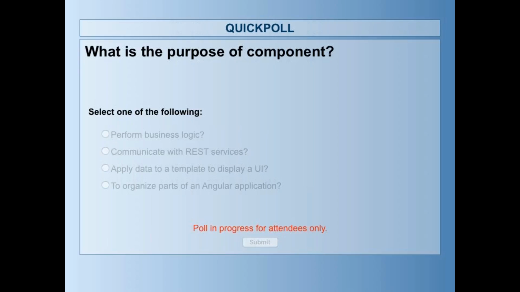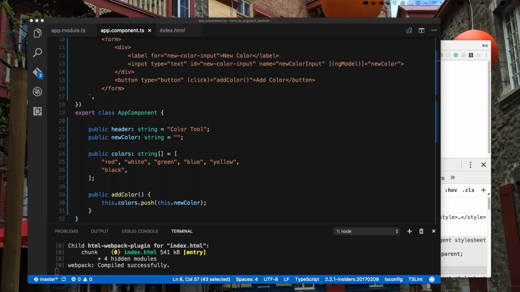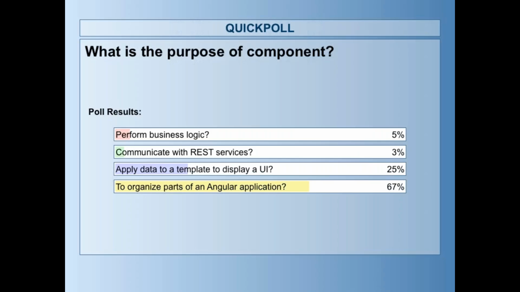All right, so we've got some votes coming in here. Okay, so a component is a type of directive. It's a type of directive that actually has a template. So for those of you in the 25% here, I'm going to go ahead and close the poll, and we'll share the results. The purpose of the component is to actually apply data to the template to display the UI.